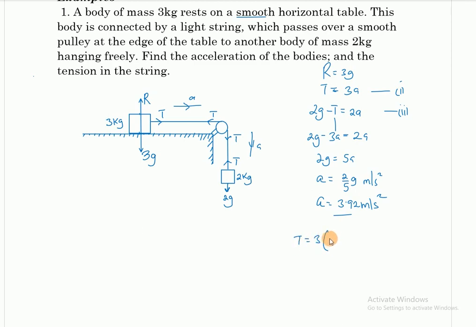So this is 3 times 2/5 g, which is equal to 6/5 g, and the tension here is 11.76 newtons. That has been example 1. I hope you understand it.